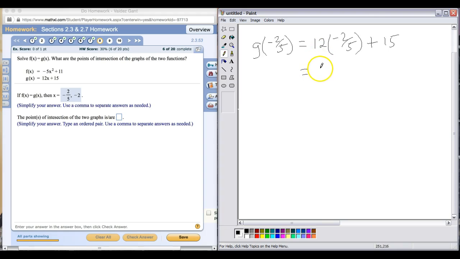Okay, and so that would be, make sure that we're doing this right, yes, so negative 24 over 5 plus 15, and 15 would be the same as, I believe, 75 over 5.